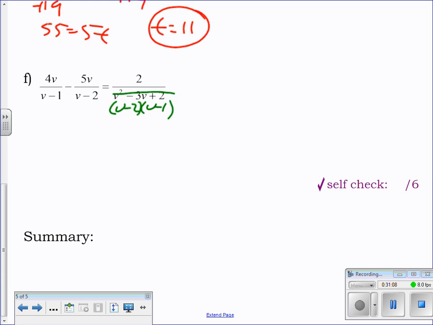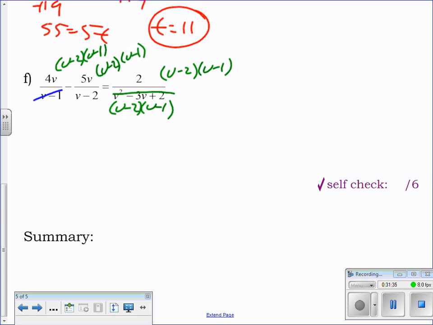That's what my factors are. So my common denominator, fortunately, is v minus 2, v minus 1. Multiply and cancel.